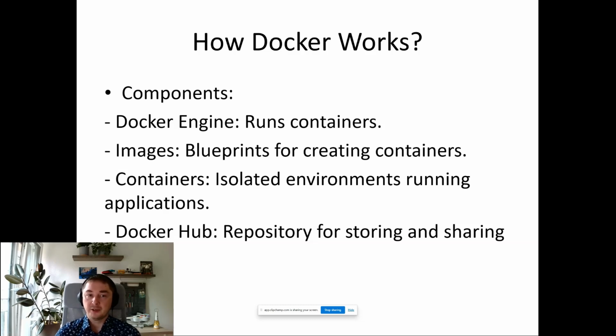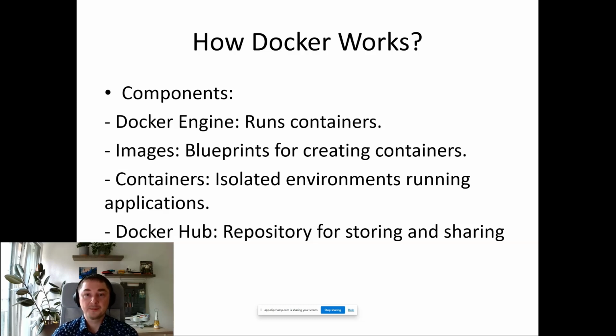Finally we have a container, which is the actual application, the actual image that is running and executing your code, whatever it is. On top of that, there are different repositories available. The biggest one is probably Docker Hub. It is an open one, so you can push images as you want.